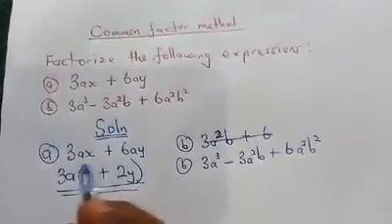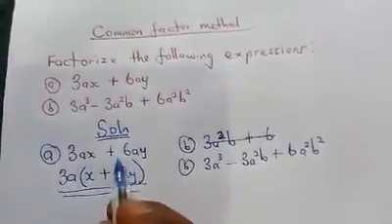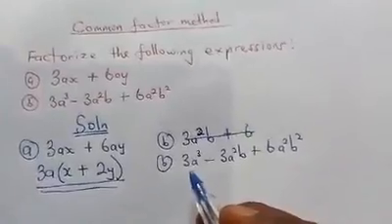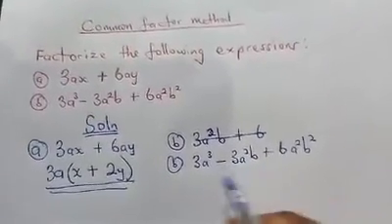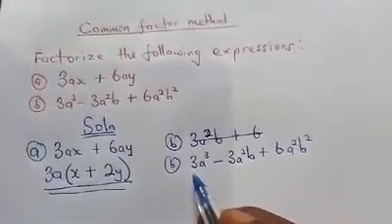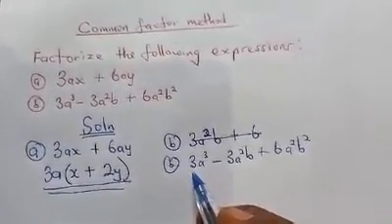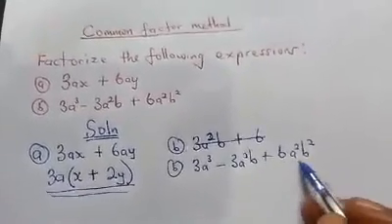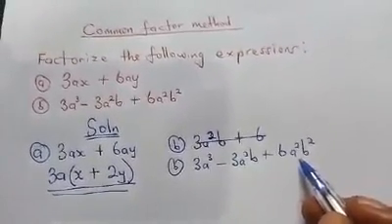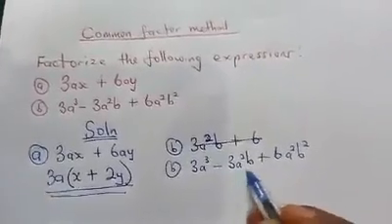So for the first expression, we have two terms. But for the second expression, we have one minus sign here and then one plus sign here. It makes the number of terms in this expression become 3. We have one term here, another term here, and then one other term here. So it makes it 3 terms. 1, 2, and then 3.